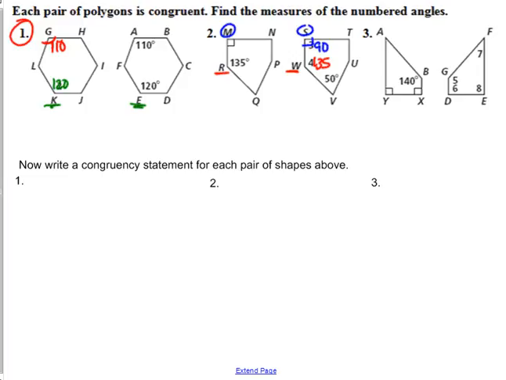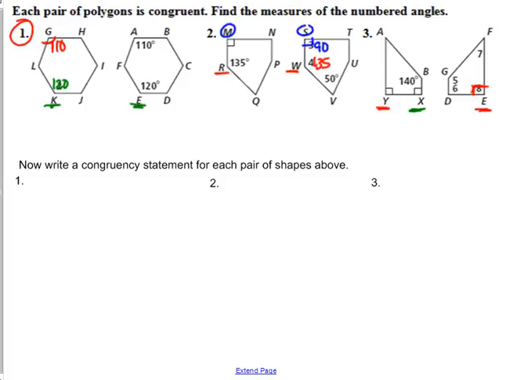Now this last one might be a little tricky because we actually changed up the way it looks. They're not exactly in the same position. We flipped it. So now we have to be a little bit more careful. We notice that Y is in the same place as E. So angle 8 is going to be a right angle.